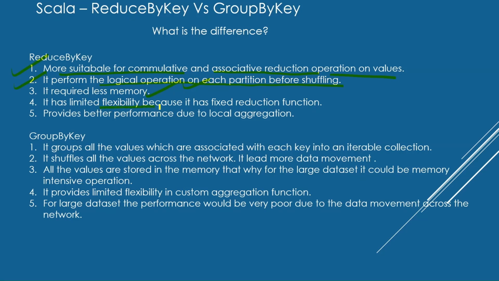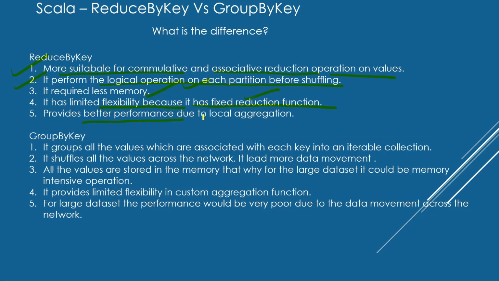It has limited flexibility because it has a fixed reduction function. So one of the disadvantages of reduceByKey is that it provides limited flexibility. You cannot write a custom reduction function because the reduction function is fixed.